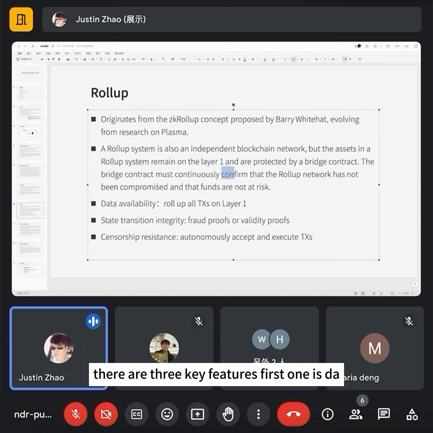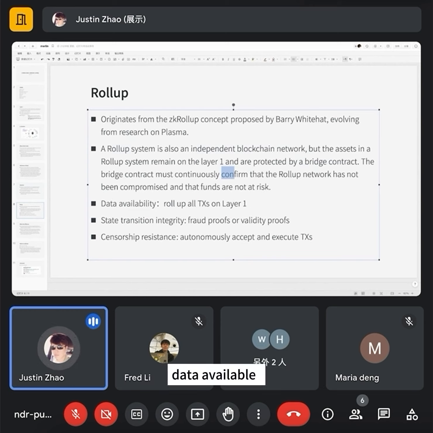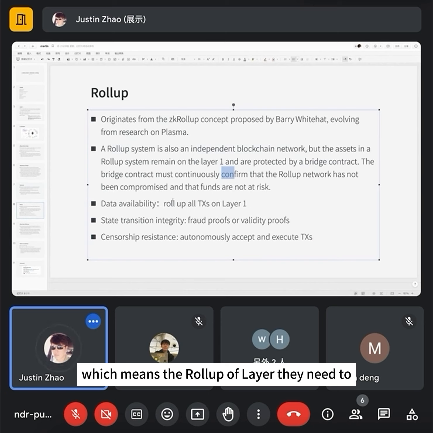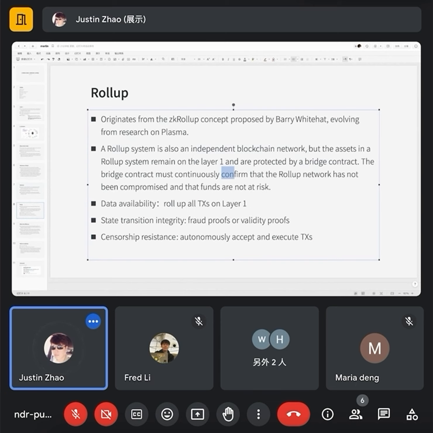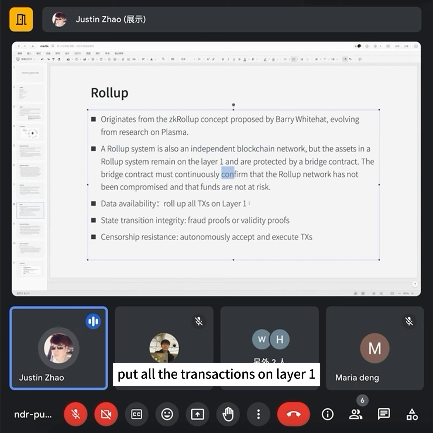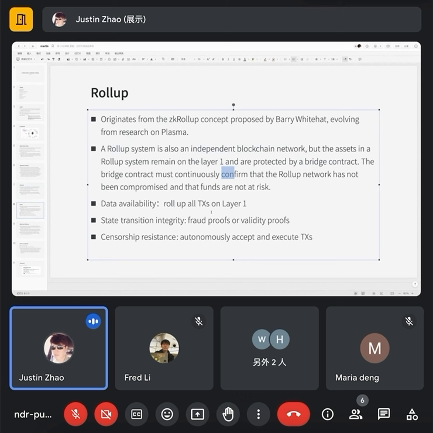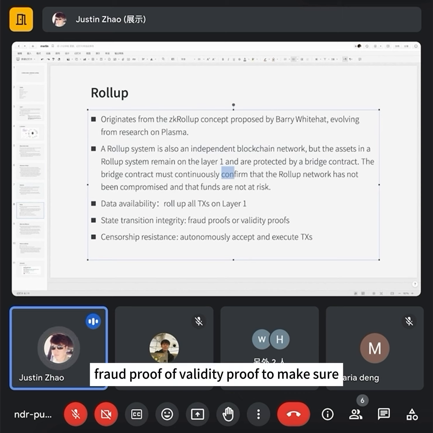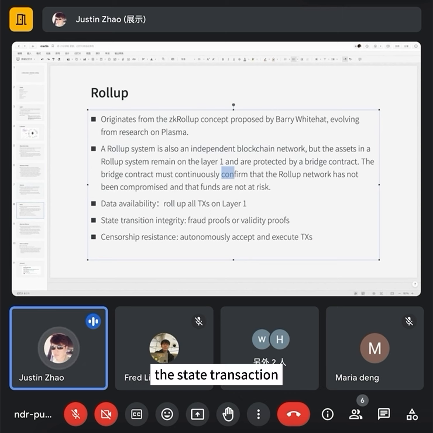So there are three key features. First one is DA, data availability, which means the rollup layer needs to put all the transactions on layer 1. And for the state transaction integrity, normally we use fraud proof or validity proof to make sure the state transactions are all reliable.